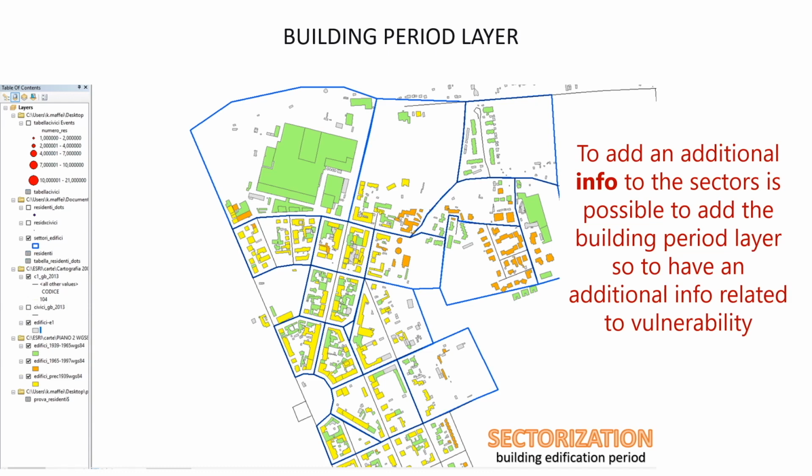In this way, we can have a very rough indication of the vulnerability, but for sure it is a good starting point, knowing that some buildings are almost new, and so built with the latest construction rules, and some others are very old, so probably with a higher vulnerability in case of earthquake.